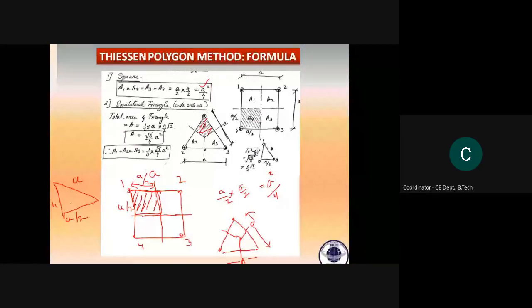Yes, we have to use Pythagoras theorem. So h square plus (A by 2) whole square is equal to A square.